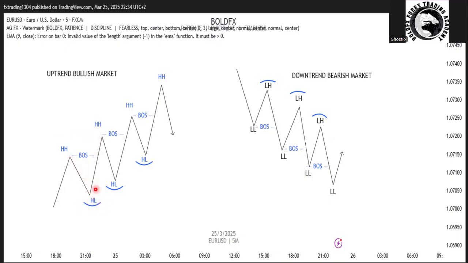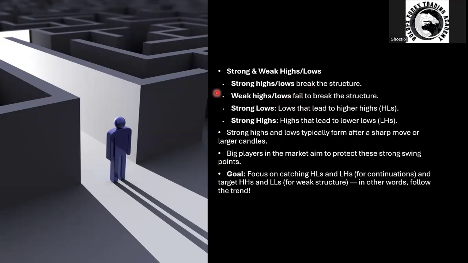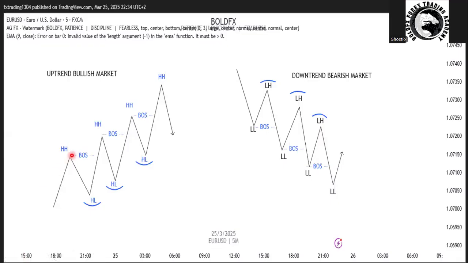That then identifies that this is now a strong high because it broke structure, right? It is a strong high because it broke structure. So how then do we know that a higher high is weak?